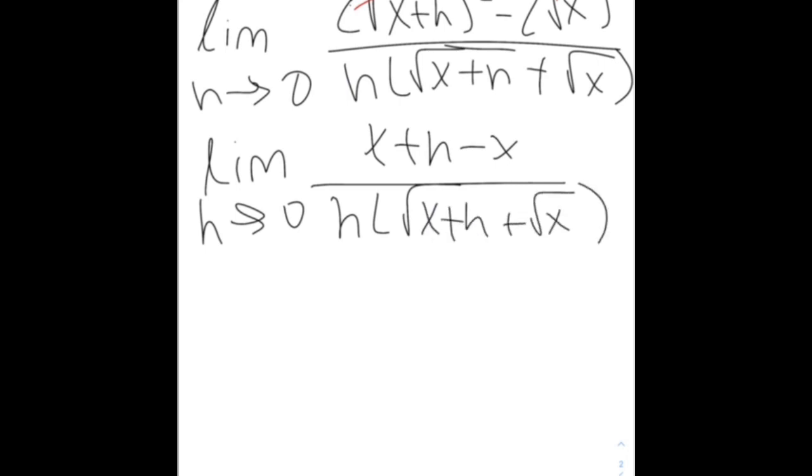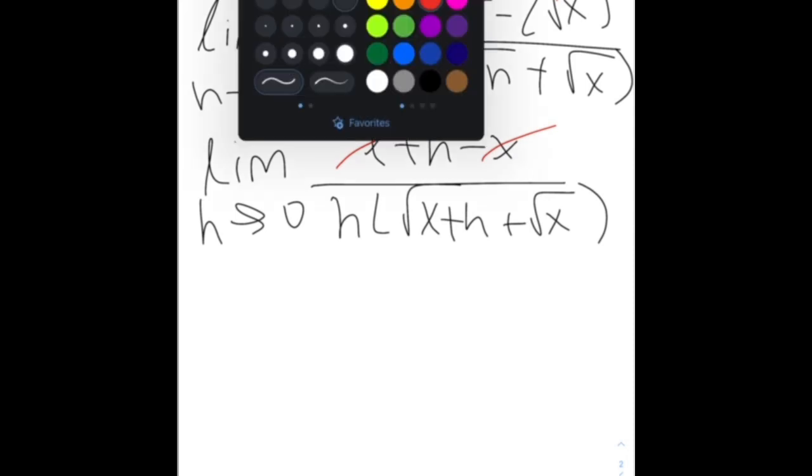A couple more things are going to cancel out now. You're going to notice x minus x cancels each other out. And you can cancel out our h's that are right there, but you're going to have to substitute your numerator with 1. So let's cross those out as well.